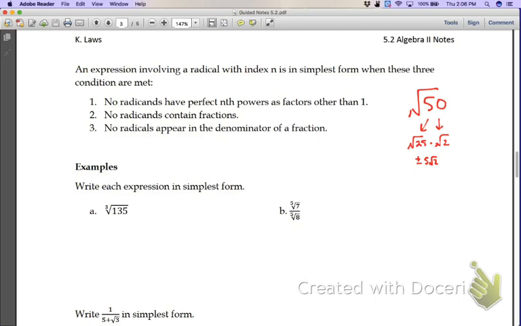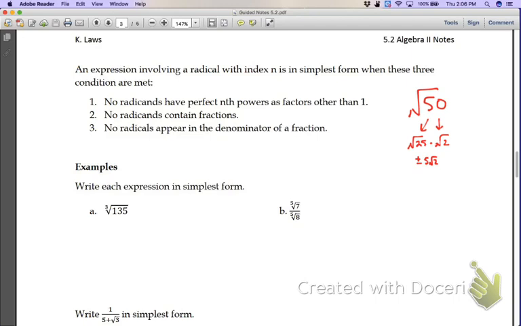Nothing's changing here. It's the same idea, but now I'm just using different lists. So instead of just staying in the squared list, I'm going to go to the cubed list, or the fourth list, or the fifth list. If there is a perfect cube, or a perfect fourth, or a perfect fifth, then I need to take that out. So if I have the cube root of 135, can I divide it by 125? No. Can I divide it by 64 evenly? No. Can I divide it by 27 evenly? Yes.